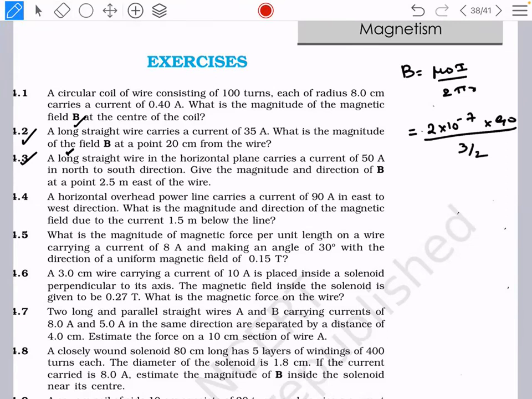So this will go 30 times, and this will go to the numerator, 4 into 30. So 120. But 120 into 10 power minus 7, or it is 1.2 into 10 power minus 5. This should be the answer. I hope this point is clear, right?